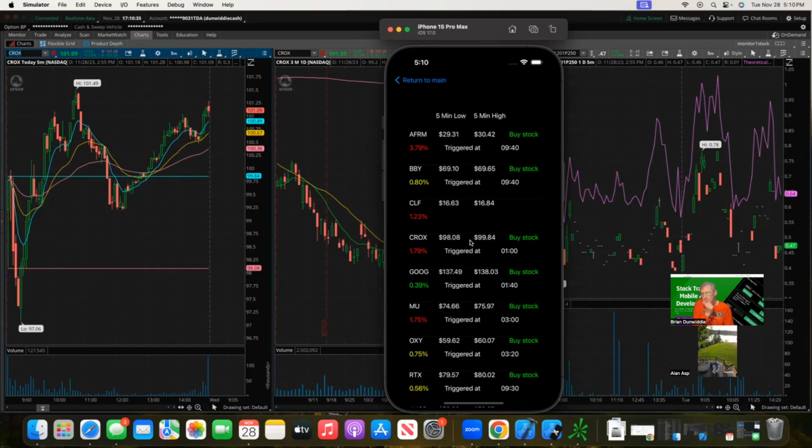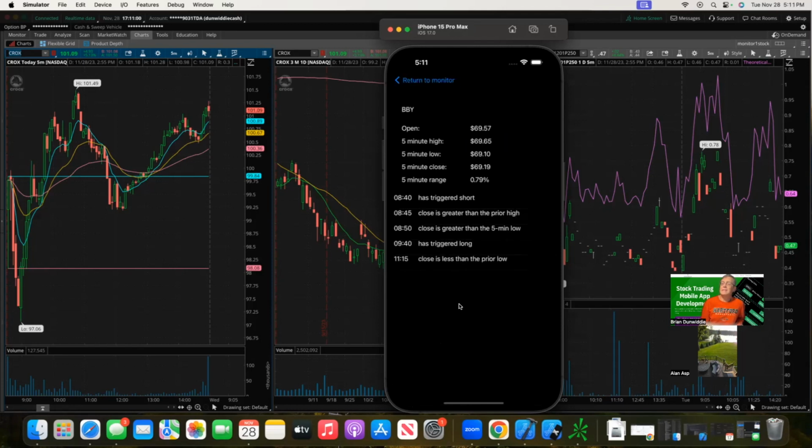I'm debating whether or not to spend some time working on messaging so that Alan can send messages as far as what trades he's looking at. But I may just push this into production because I use this daily and I'm liking the look of this format.